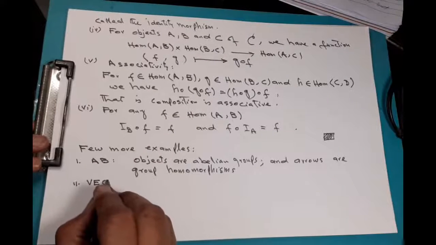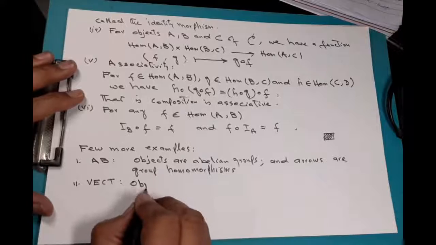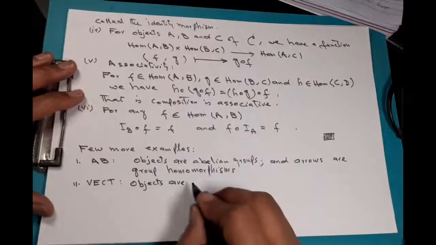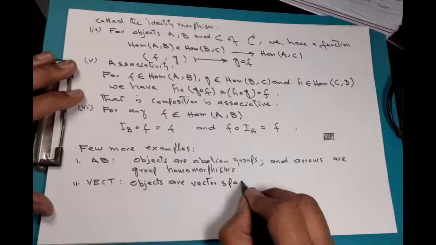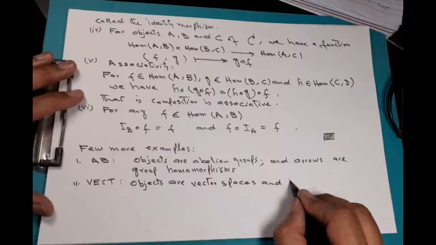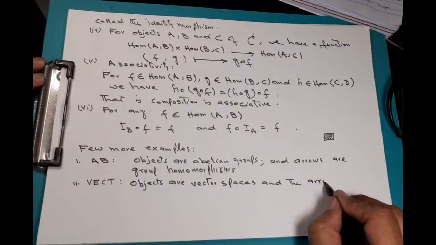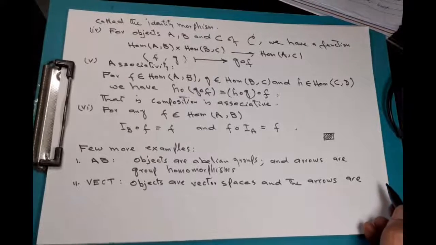In this case, objects are vector spaces over some field, and the morphisms, or the arrows, are, as you know, between two vector spaces, linear transformations or linear maps.